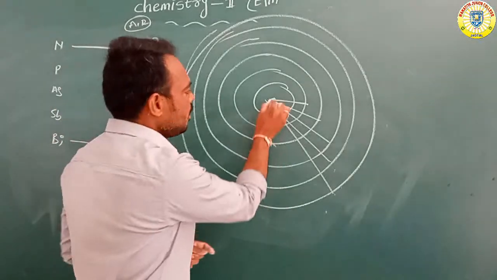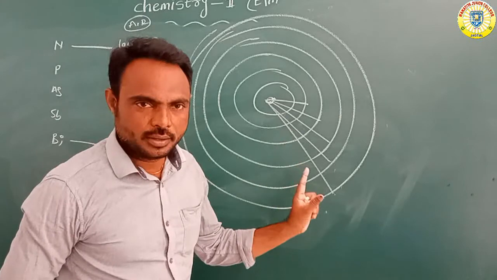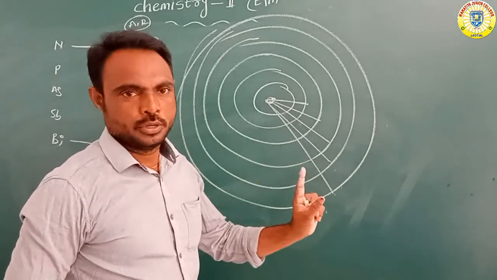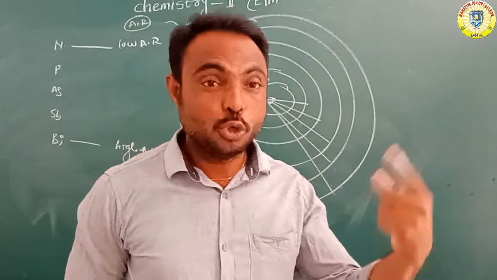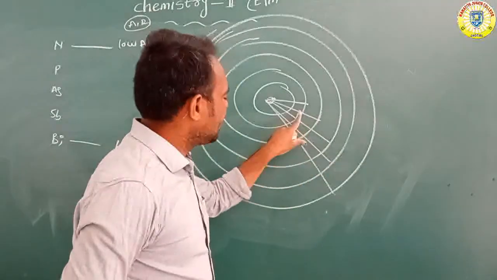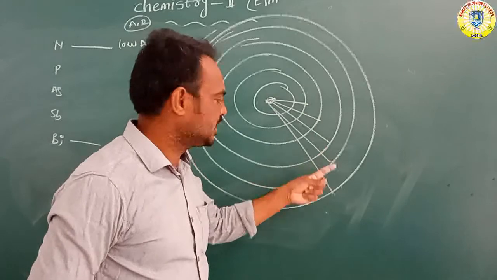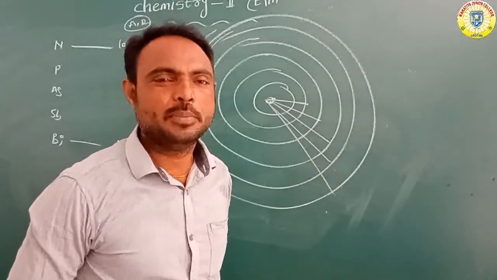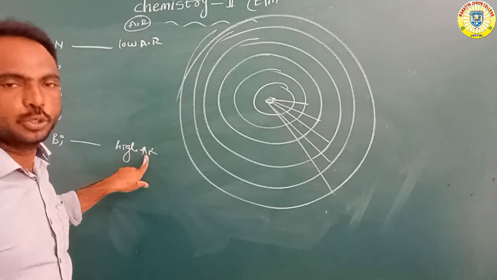So when the atomic number increases, the atomic radius value increases. For each element the outer electrons enter a new shell, second, third, fourth, fifth, sixth, so the atomic radius increases from top to bottom in this group.